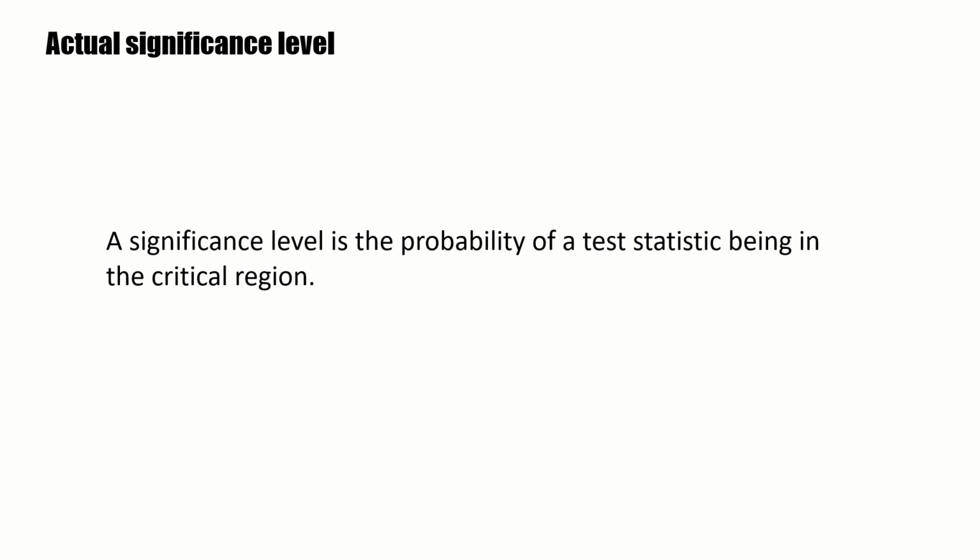So, the significance level of the test that you end up actually doing is not actually the significance level given in the question. It ends up being the size of probability that you got when you did the calculations to decide your critical region. So let's look at an example.